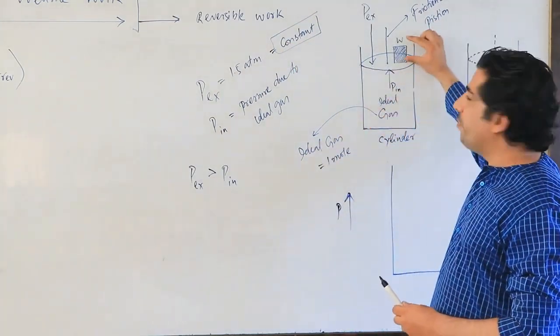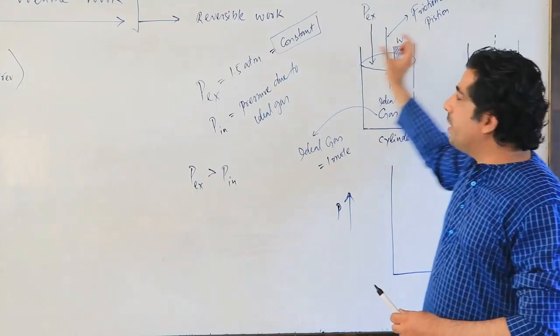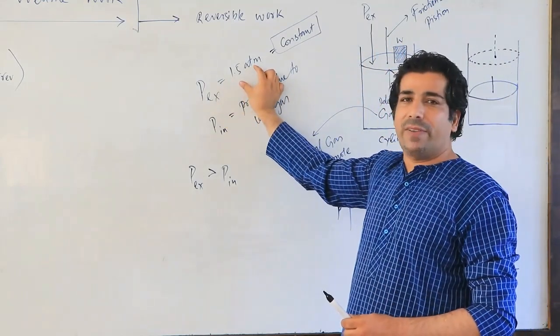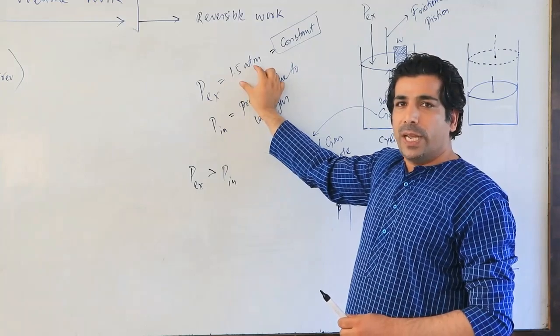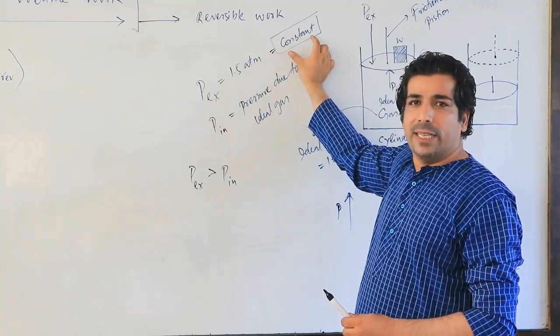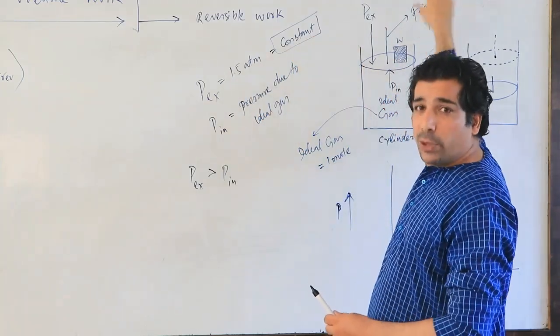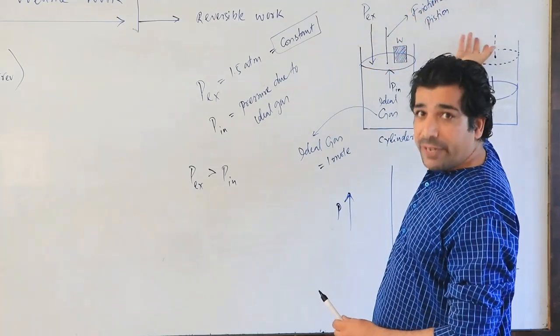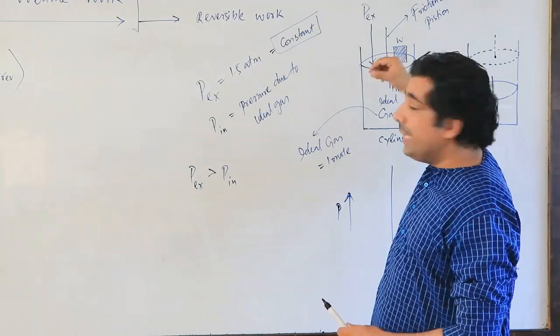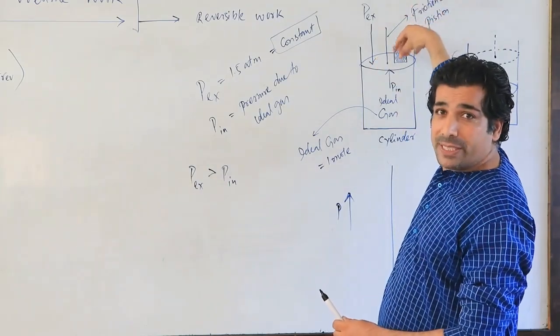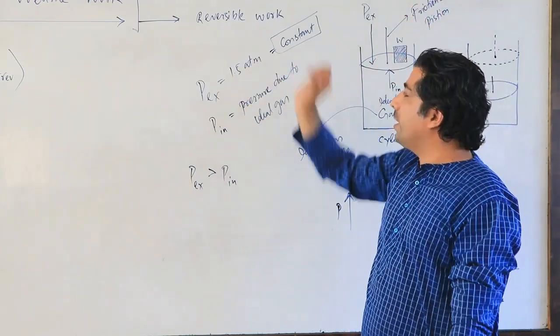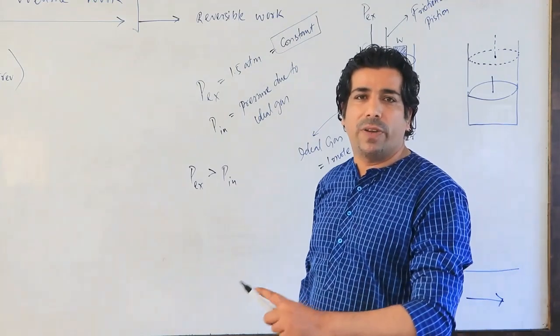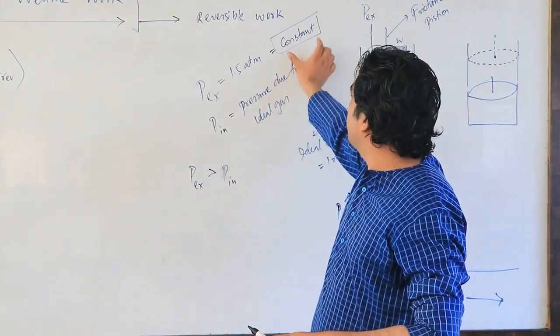Let us not put any more weight on the piston to increase the pressure, or remove weight from the piston to decrease the pressure. Let us keep this weight on the piston and the pressure will remain constant at 1.5 atmosphere.